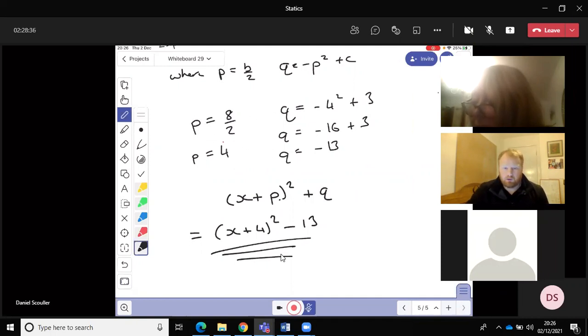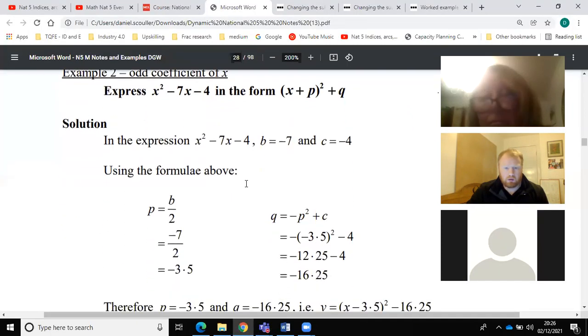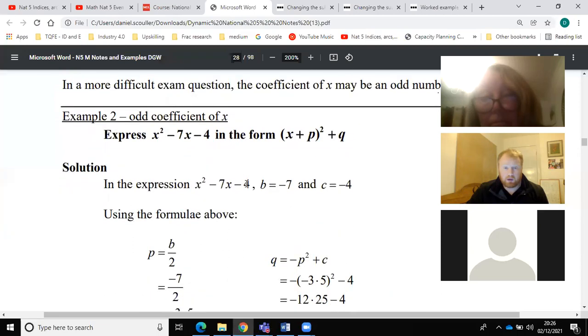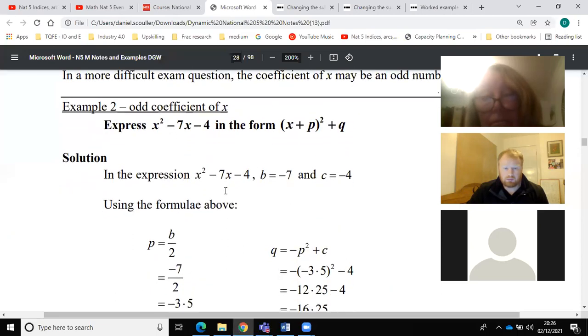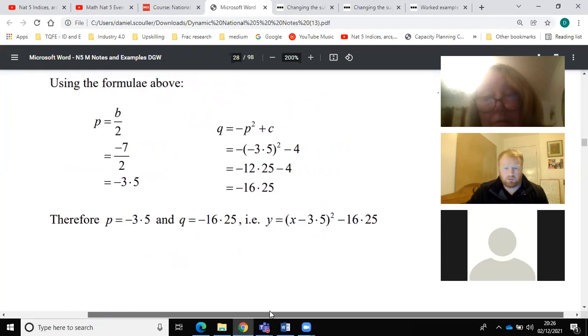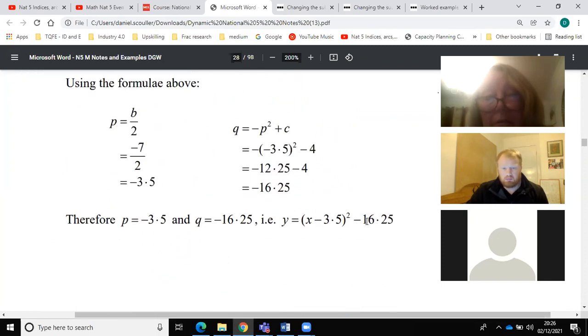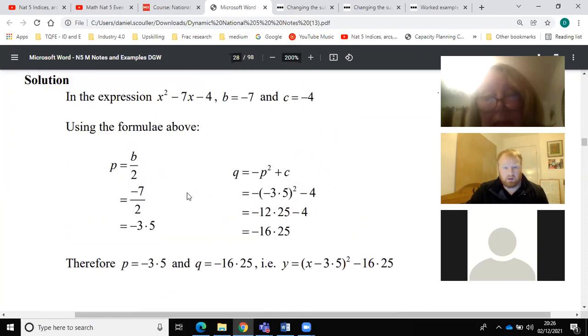They've got another example that you can look at.